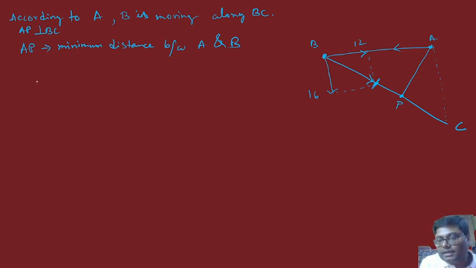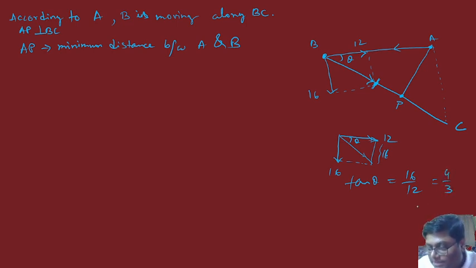Now if I see this one, this is theta. Let us draw it again. This one is theta, this is 12, this is 16, so tan theta equals 16 by 12, which is 4 by 3. If tan theta is 4 by 3, what will be the value of this one?